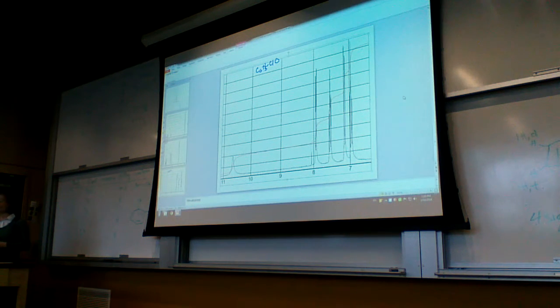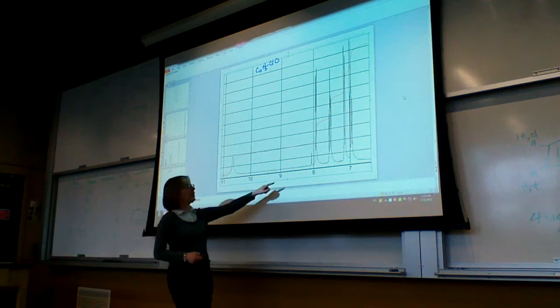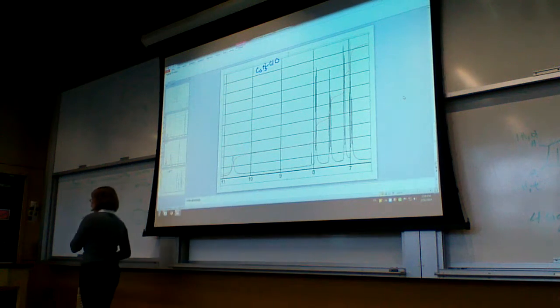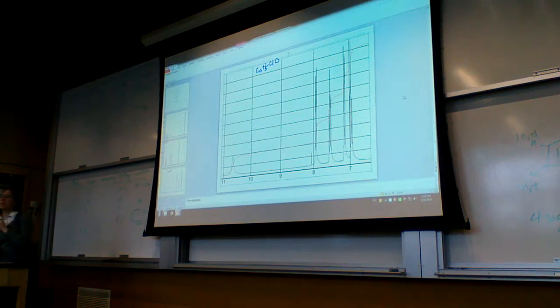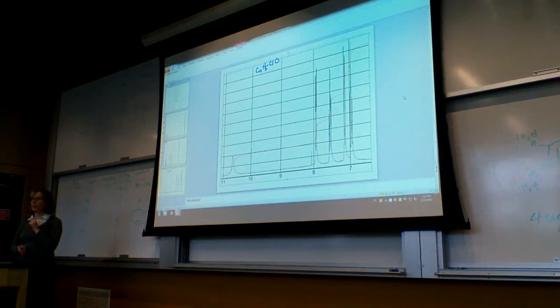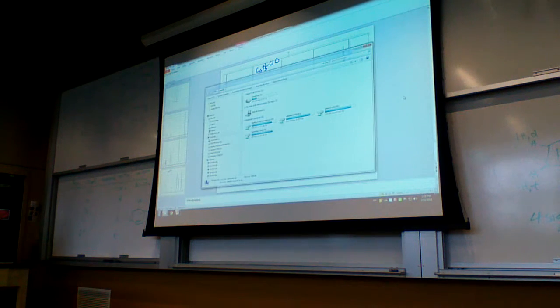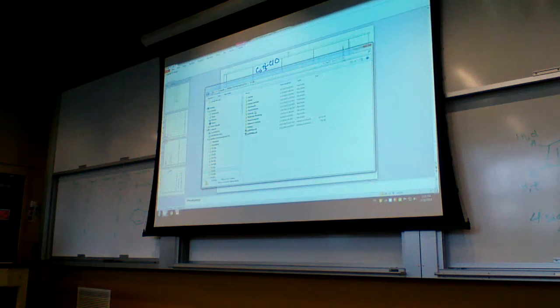What's that little dude right there? So this one right here. This spectrum they actually took as a mixture of DMSO and chloroform-d. So they had two deuterated solvents in it, and when they had the two deuterated solvents, it actually changes the parts per million shift of the chloroform peak.